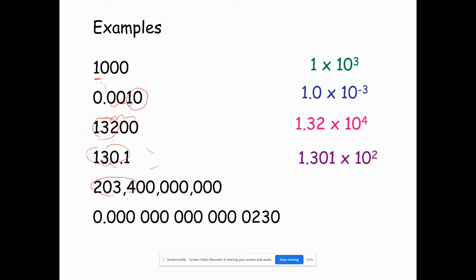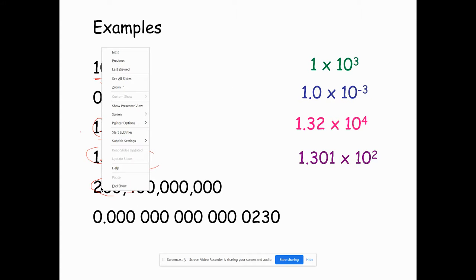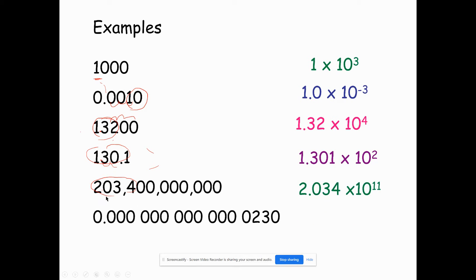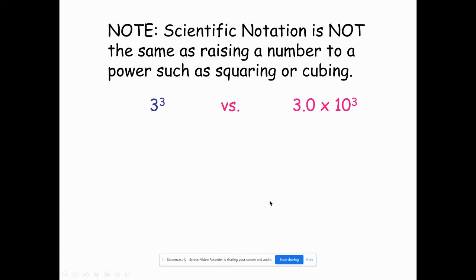I'm going to put the decimal point here so I can get a number between 1 and 10. And it was 11 hops from here all the way to the very end. And now the next one, where are the significant figures? Right there.